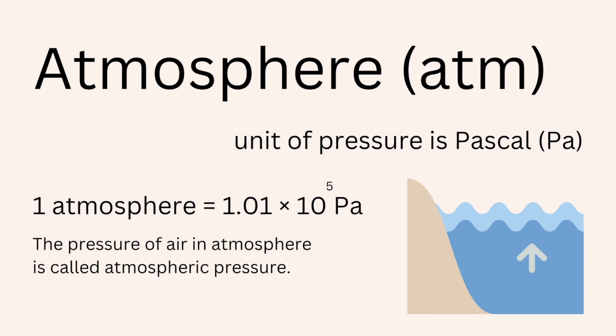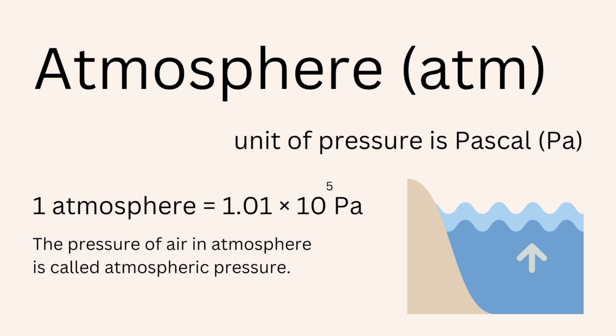So there is a simple conversion, you could say. 1 atmospheric pressure is actually 1.01 into 10 to the power of 5 pascals. So that is the exact amount of pressure which we call as atmospheric pressure or standard pressure. Okay.